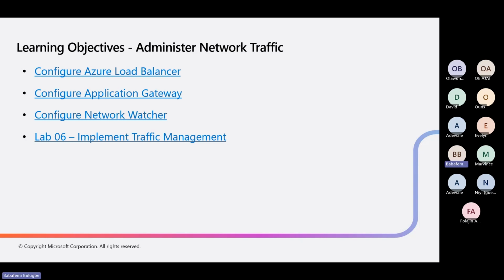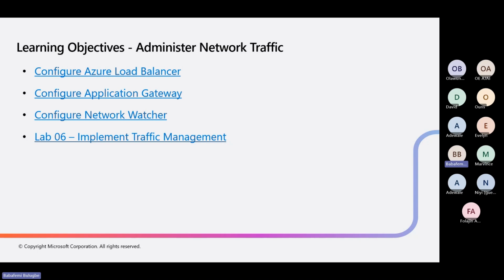Because we want to have 2, 3, 4 workloads or servers hosting that application, how do we now determine where to send the user to? How do we determine how the traffic will be spread across all these virtual machines hosting that particular application?